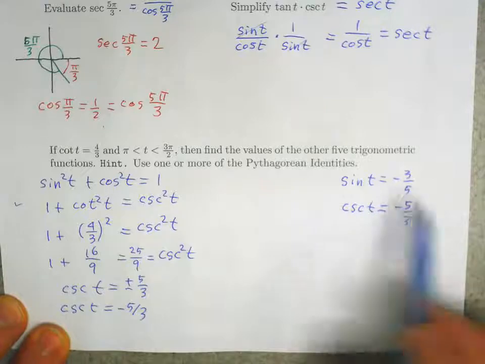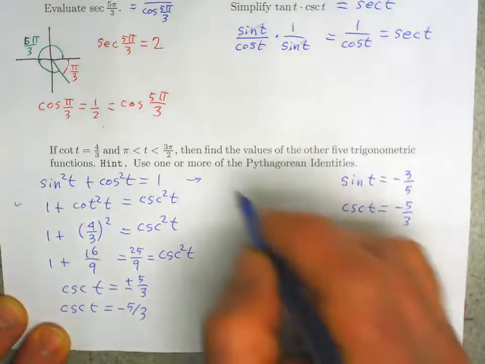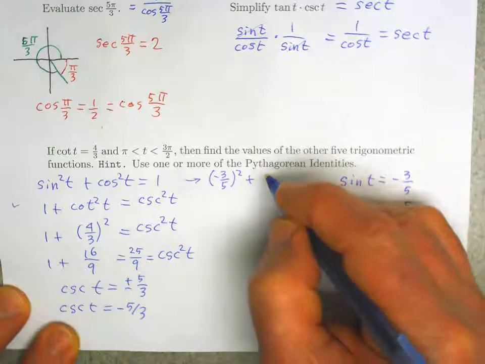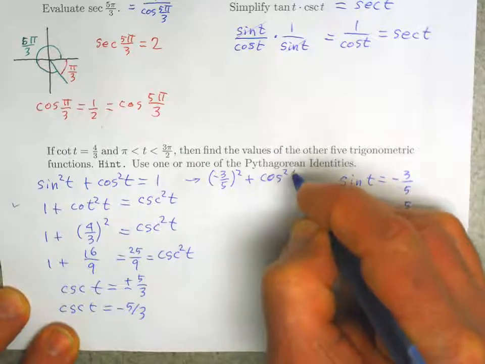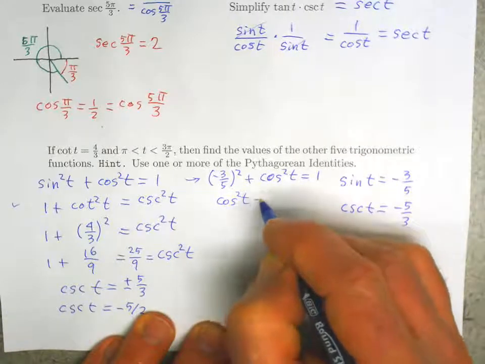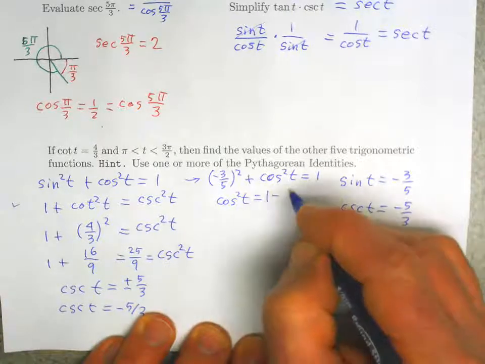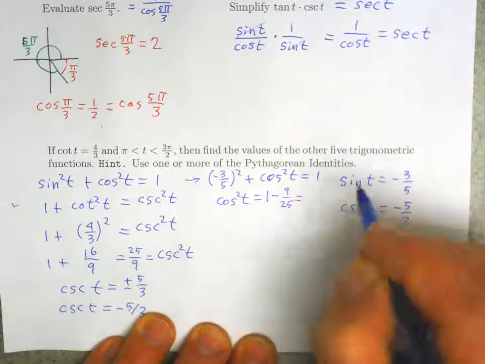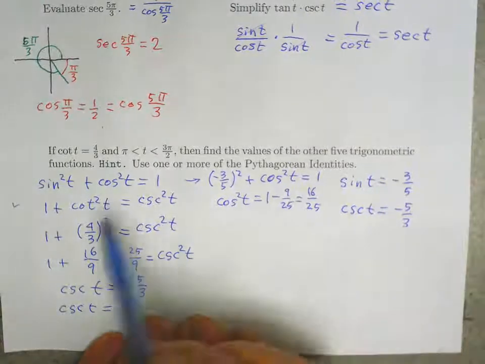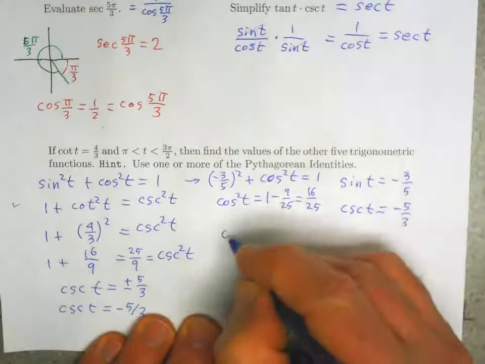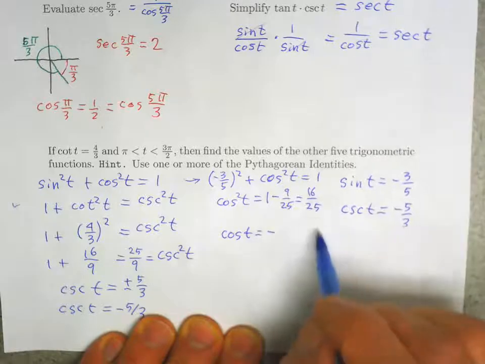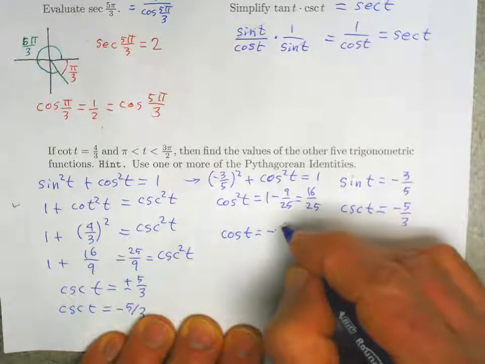If sine of t is negative 3/5, then we square negative 3/5, and then plus cosine of t squared equals 1. So cosine of t squared equals 1 minus 9/25, which is 16/25. And in the third quadrant, cosine is negative, so I'll just cut to the chase. Cosine of t is the negative square root of 16/25, or negative 4/5.